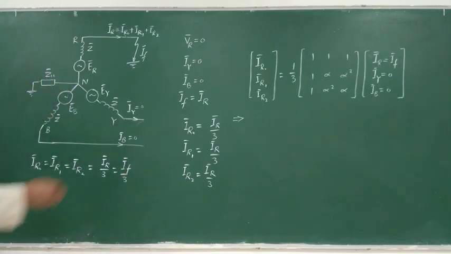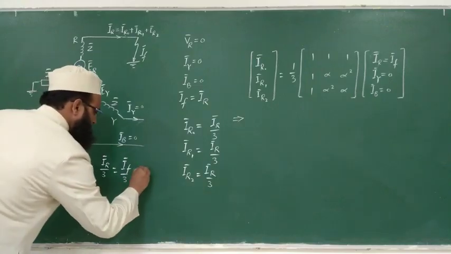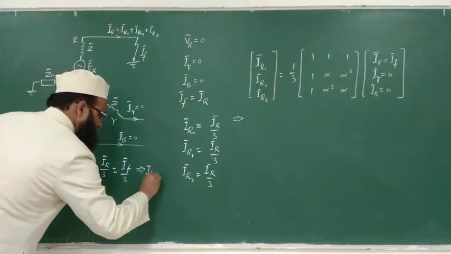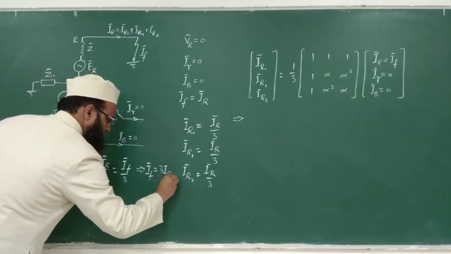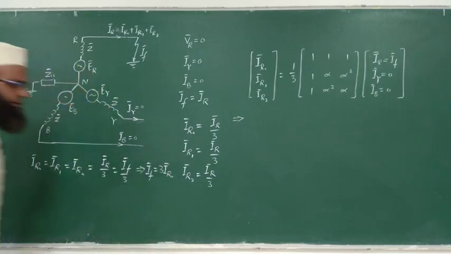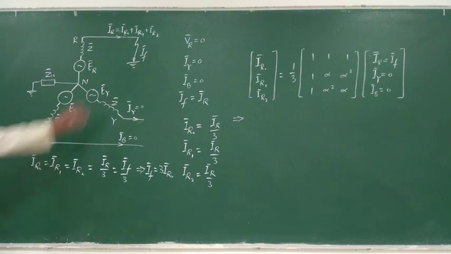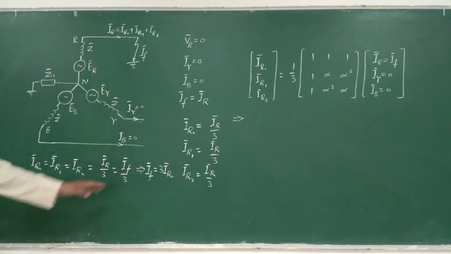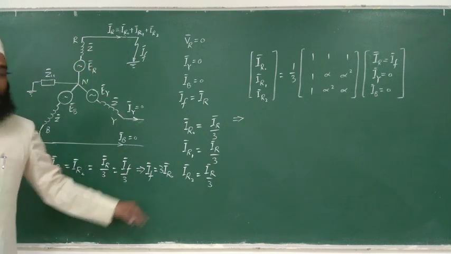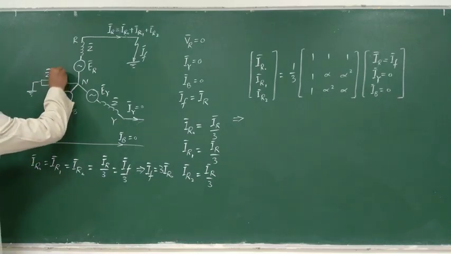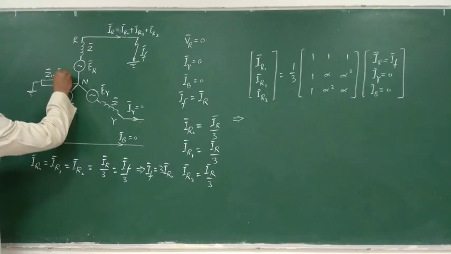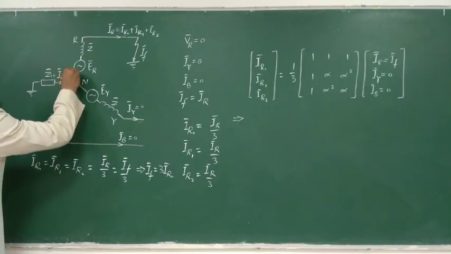So from here you may write, this implies IF will be equal to 3 times of IR0. Is not it? So this fault current is 3 times of IR0, and that is the current through this neutral. What is IN? Earlier we have seen that this current is 3 times of IR0.